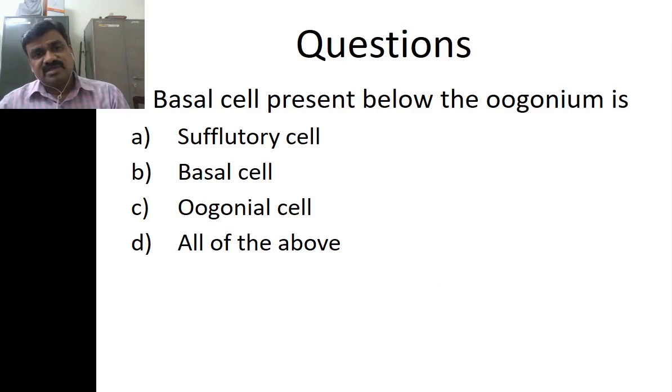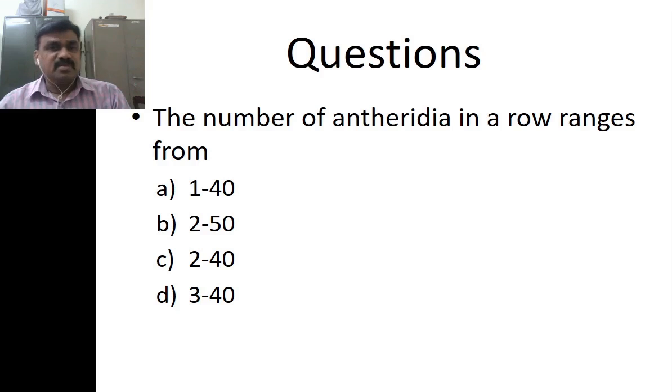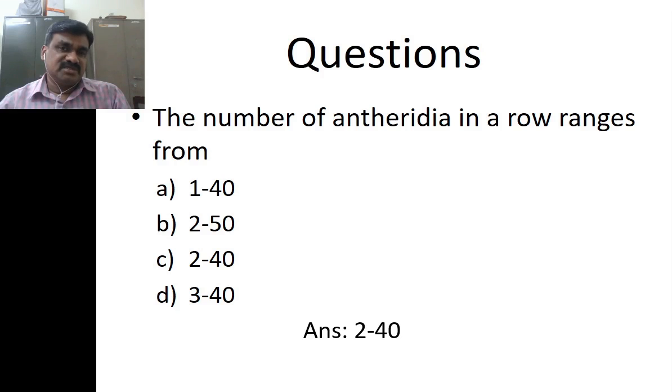The correct answer is suffultory cell. Then the number of antheridia in a row ranges from 1 to 40, 2 to 50, 2 to 40, 3 to 40. The correct answer is 2 to 40. By this, we completed the session of Oedogonium reproduction. Thank you.